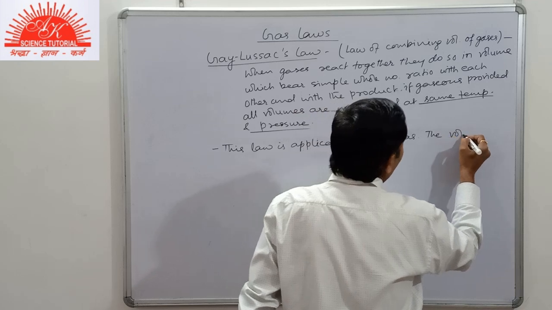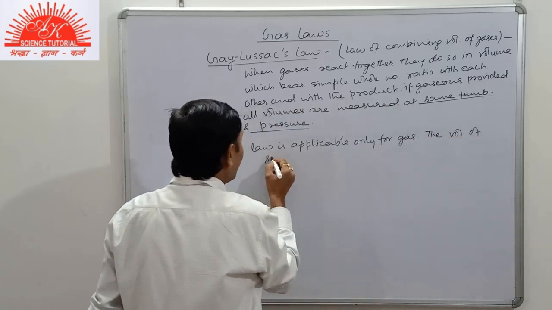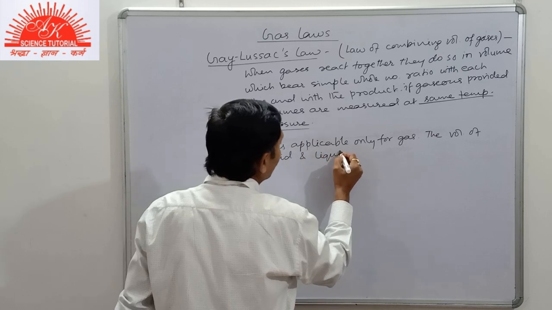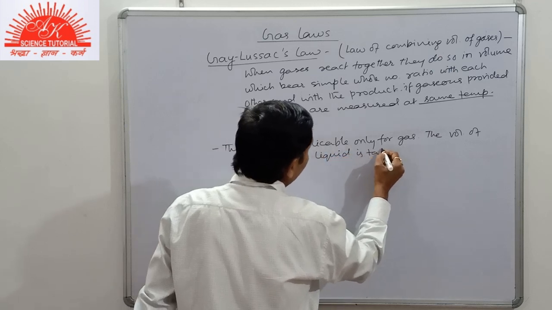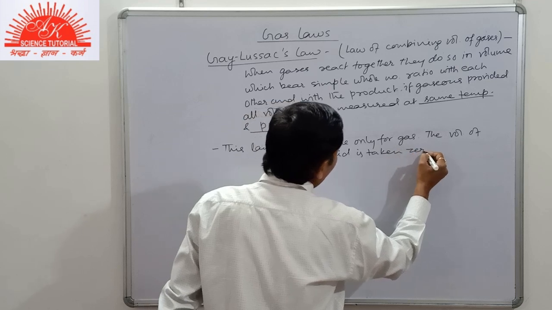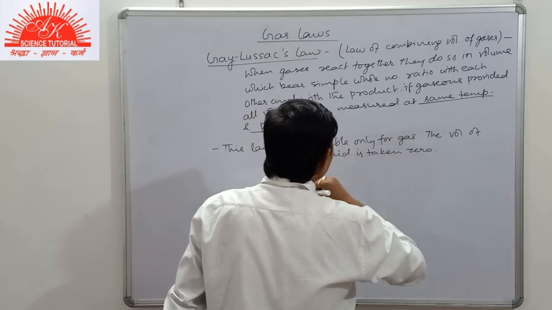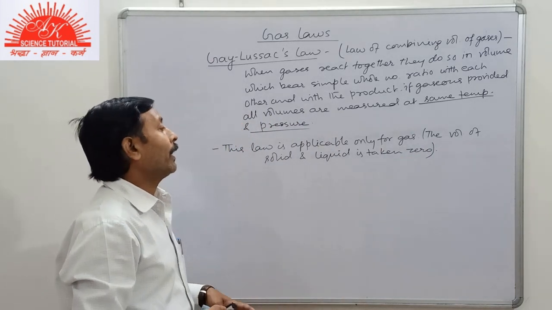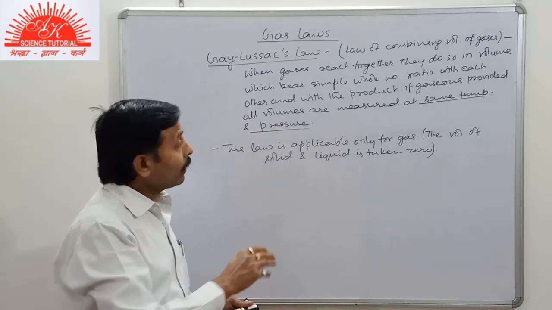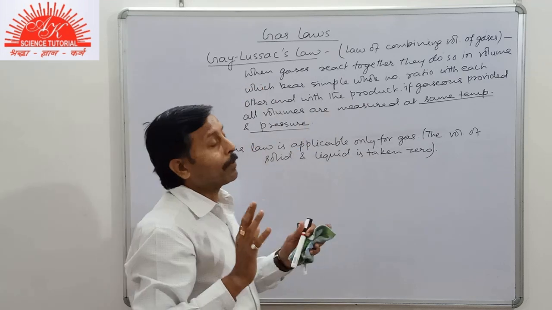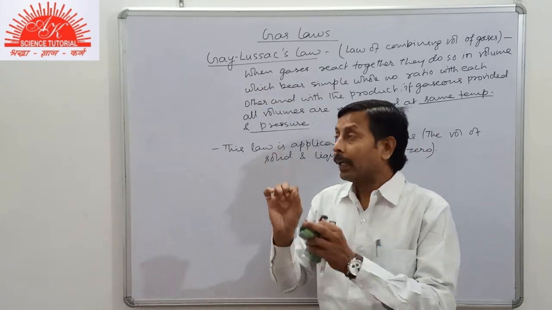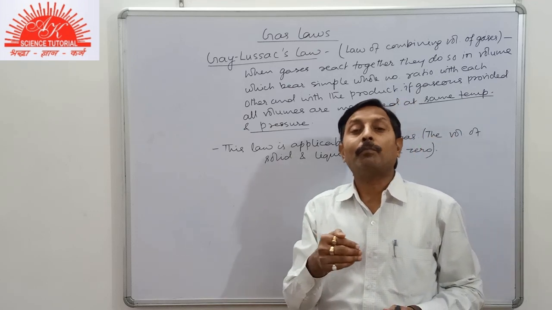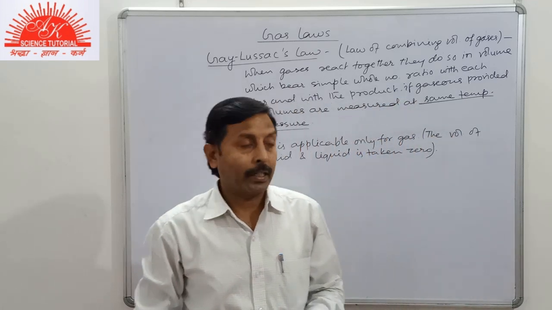The volume of solid and liquid is taken as zero. That is, in this case the volume of liquid and solid is taken as 0. So this is the simple application and explanation of Gay-Lussac's law. Now we can solve some numerical problems based on it.